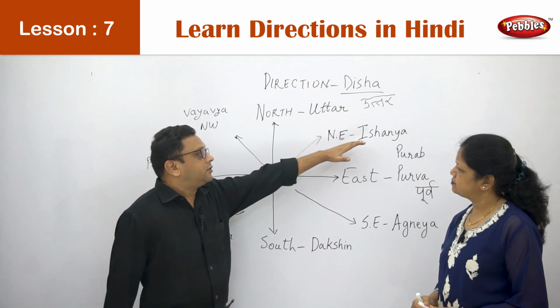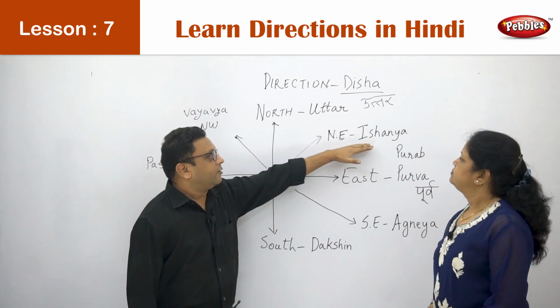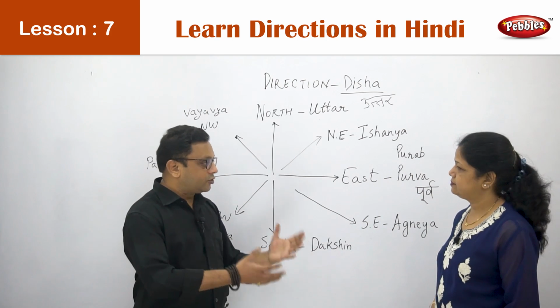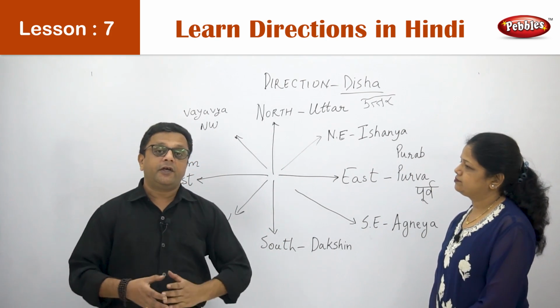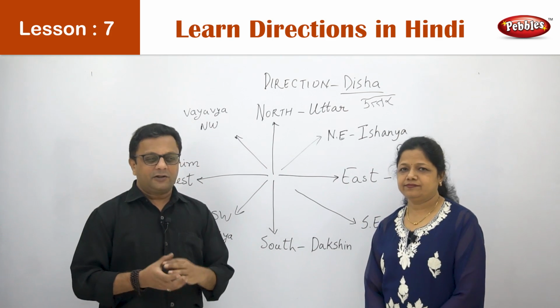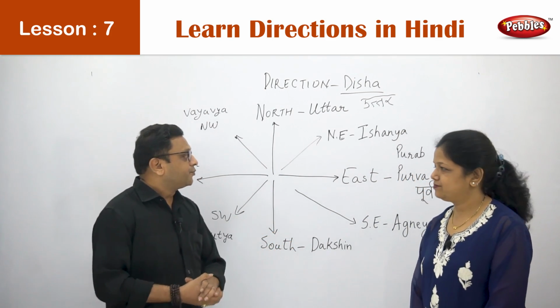So this side is always considered the direction of God. In Indian culture, or in Vastu Shastra, directions are very, very important. Just briefly, as a culture of India, I will tell you.